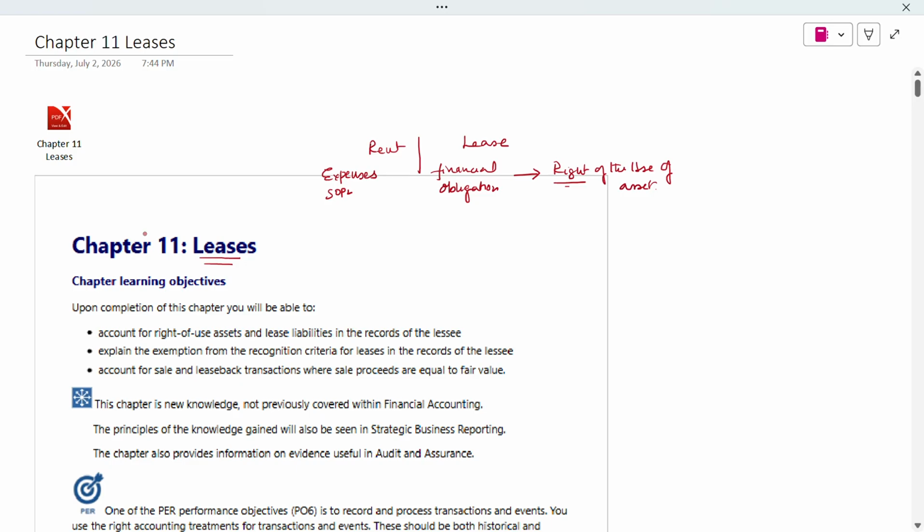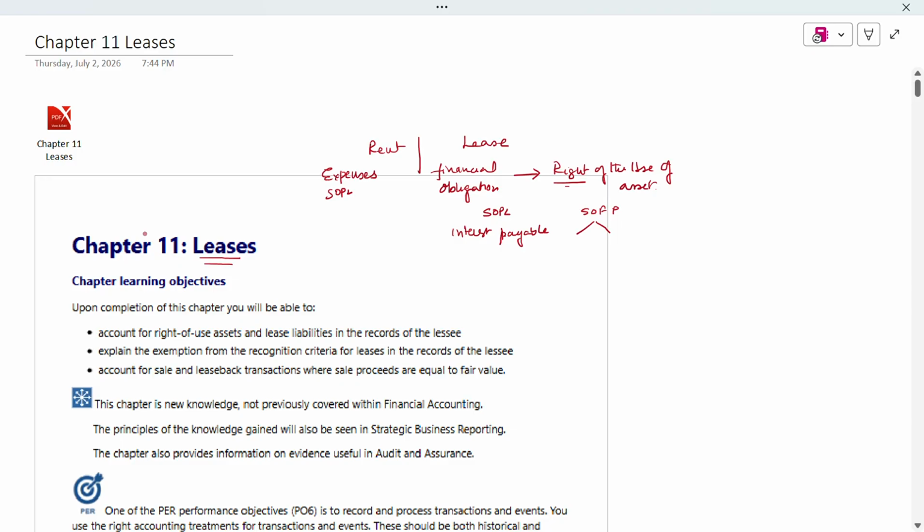But what will happen in the case of a lease? We are showing it in the statement of profit and loss account as well as in the statement of financial position. In the profit and loss we are talking in terms of interest payable on the lease obligations.